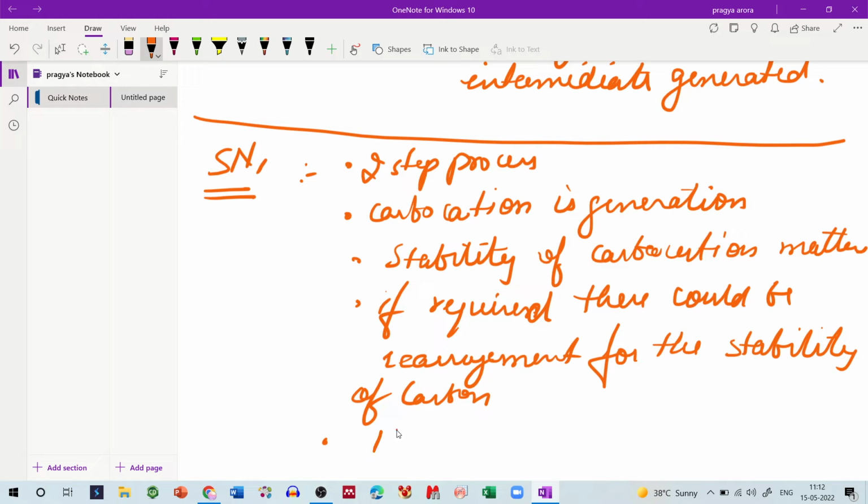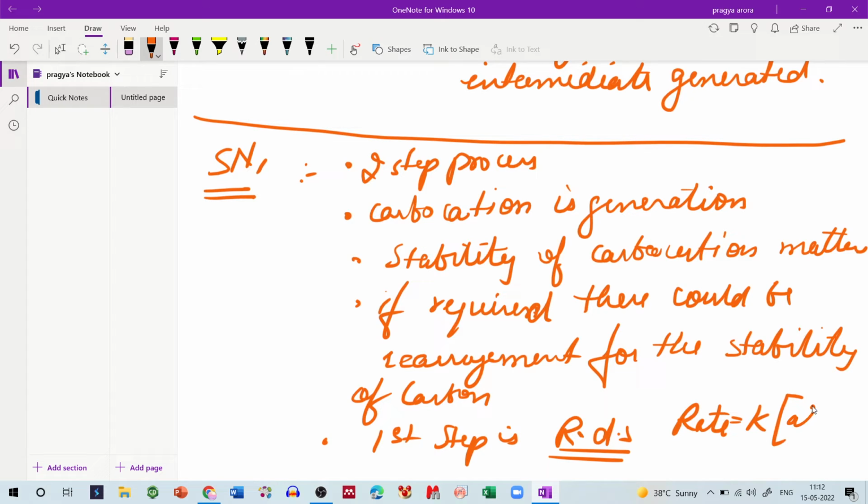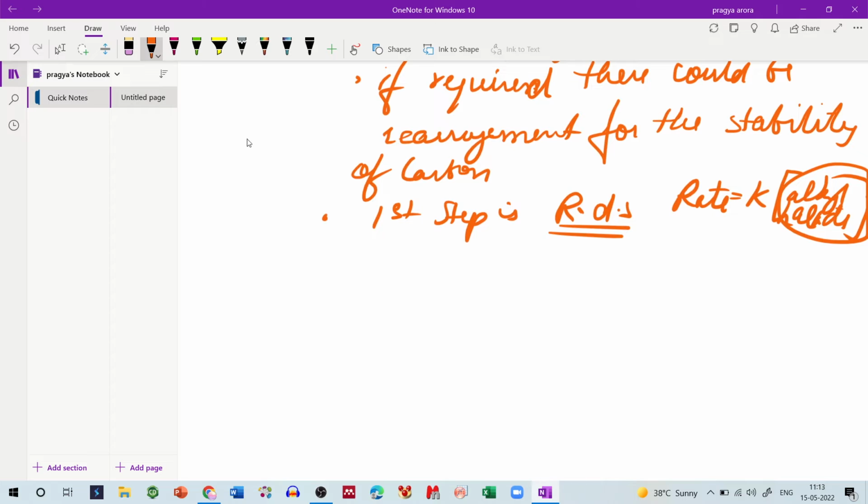Out of two steps, only the first step is the rate determining step, that is RDS. That's why the rate is directly proportional to the concentration of the alkyl halide only. Since it is proportional to the concentration of only one substrate, it is called a first order reaction.